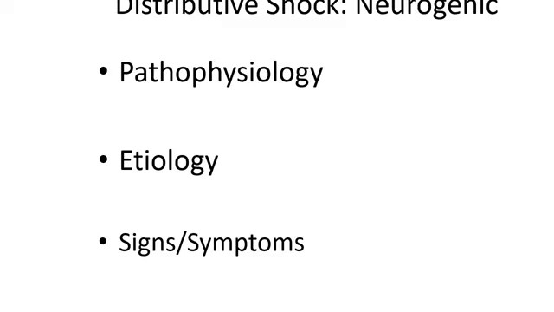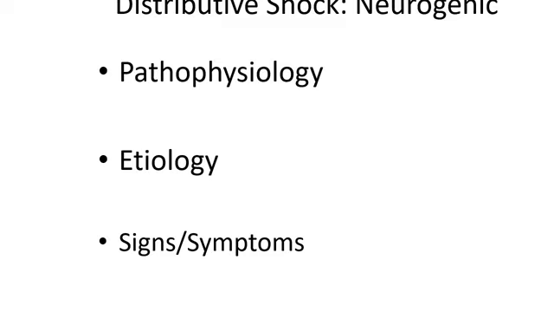Certain causes of neurogenic shock can be traumatic brain injuries, brain tumors, spinal cord injuries, general or spinal anesthesia, reactions to that. So once we figure out what the problem is, we need to support the patient with vasopressors to help bring their blood pressure back up. We're going to support them with medications to increase their heart rate, like atropine, which we talked about when we talked about dysrhythmias.